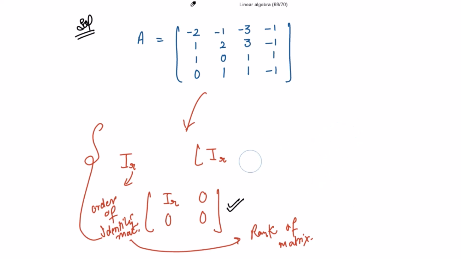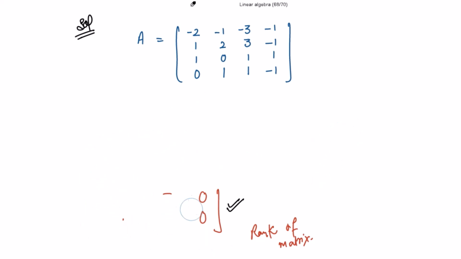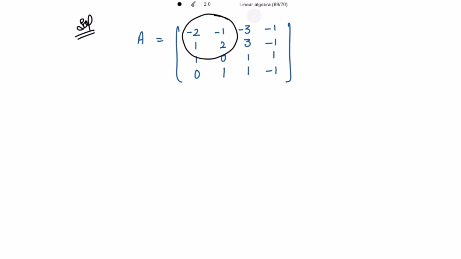For that I need to get the identity matrix and all the rest of the terms to be 0. I need to get 1 in place of -2. For that, I can multiply the second row with 2 and add these elements to the first row, or we can also interchange the first row with the second row, or the third row.